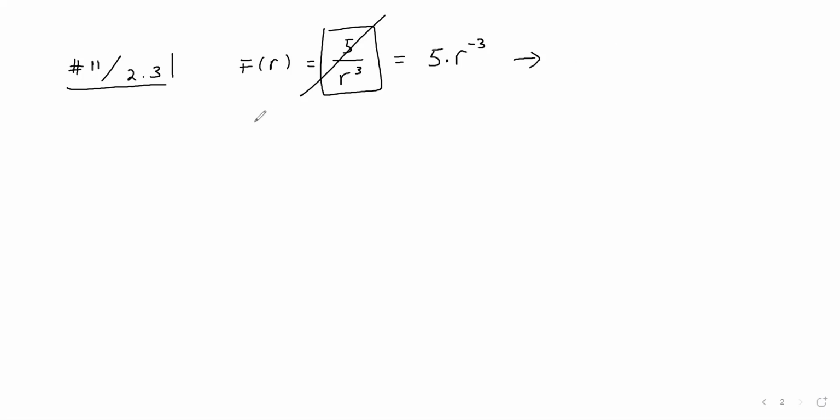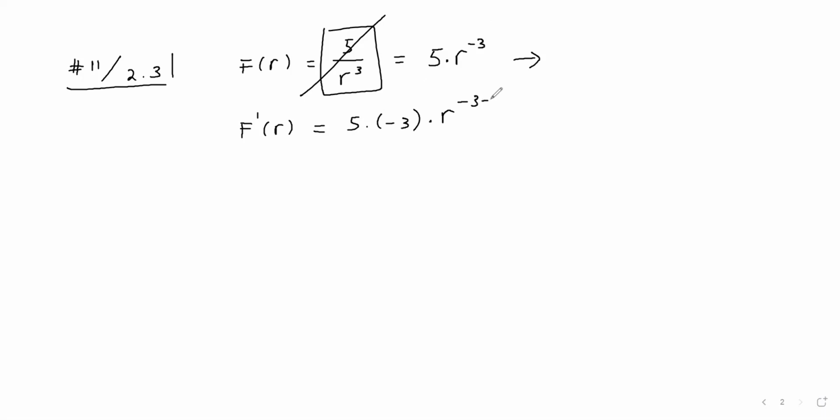We can now do the derivative, and f prime of r will be equal to 5 times negative 3, right, folks, times r to the negative 3 minus 1, which is going to be negative 4.